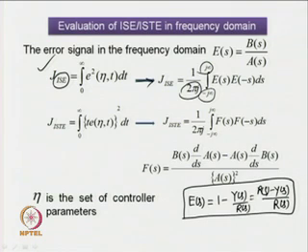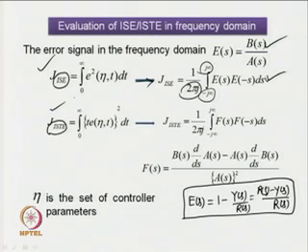Suppose E(s) is expressed as B(s) upon A(s), then employing B(s) upon A(s) and B(minus s) upon A(minus s), it is easy to compute or evaluate the ISE performance index.